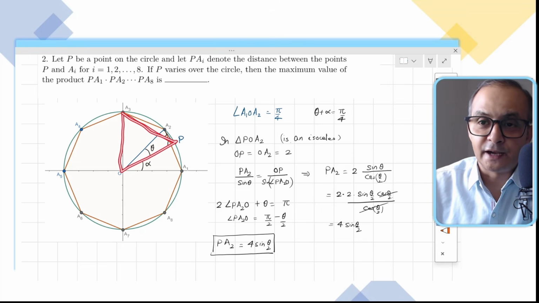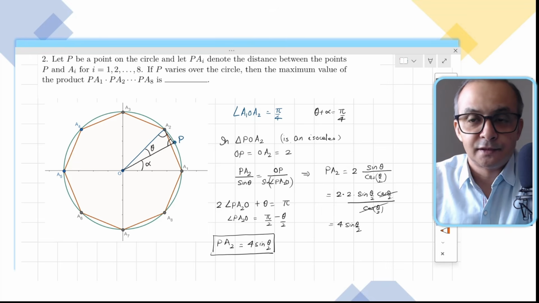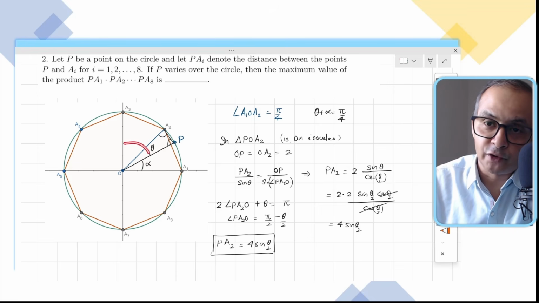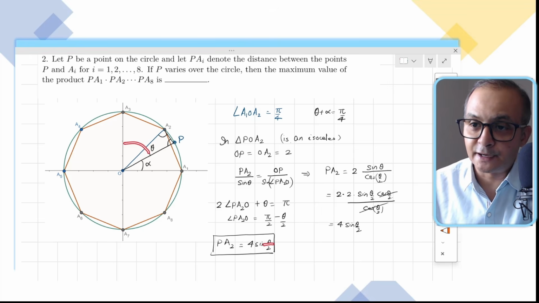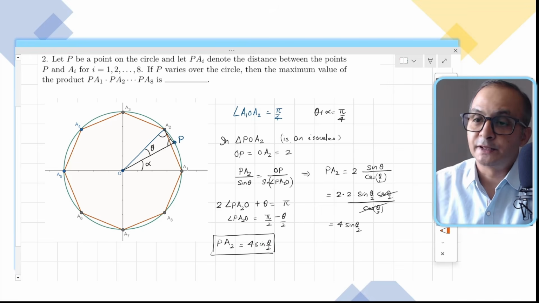But you notice the angle theta will now exceed by pi by 4, because you're adding pi by 4 to theta. At the place of theta, I will replace theta by pi by 4 plus theta, and the story will be the same.